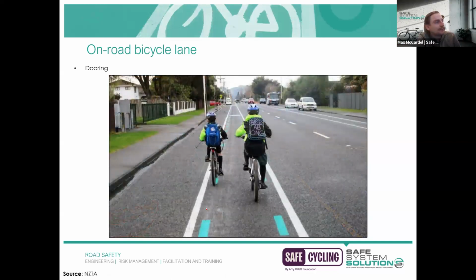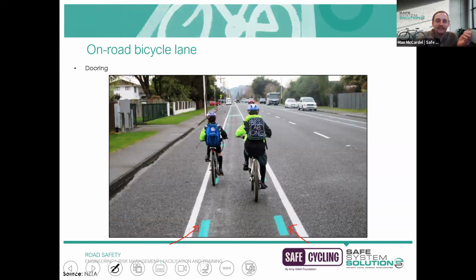Another example, this one is in New Zealand, in Hastings, and it's just another idea for an on-road bicycle lane. It's just got these dotted lines for the cyclists, and it's not actually for cyclists to ride on top of, as we can see in this photo. It's basically just in lieu of having to paint the entire bicycle lane green.